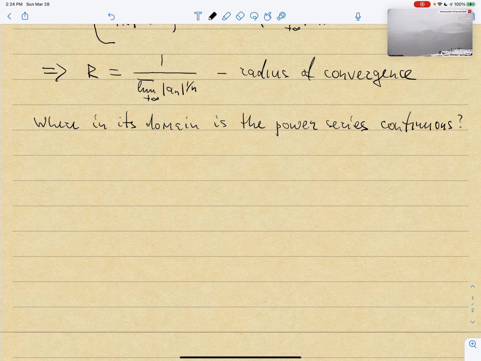And in this case, what we did was the following. I'm going to fix any R1 in the interval from 0 to R. So R again is the radius of convergence.